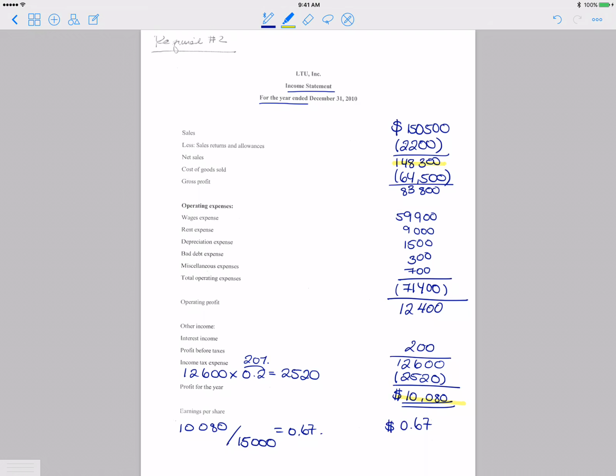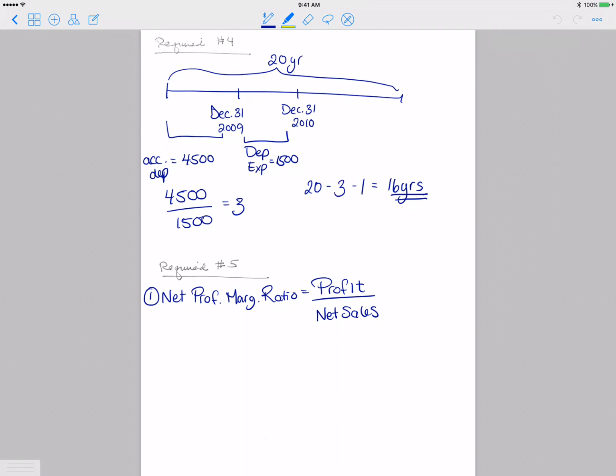So let's simply put these numbers into that formula and solve. 6.8%. What does this mean?